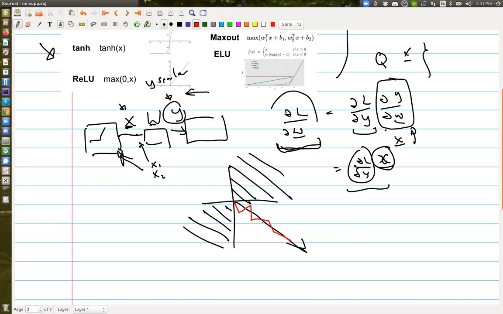Or maybe I make it simpler. Let's say I start with a point here. Now I have the gradient descent update: my W is updated by W minus the gradient, ∂L/∂W, times some delta, the learning rate.